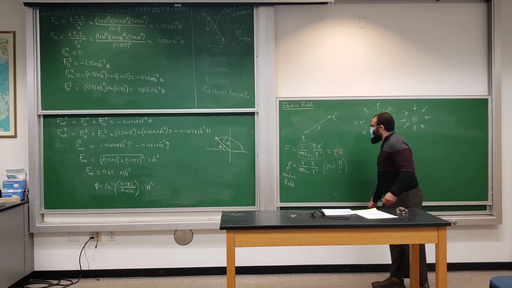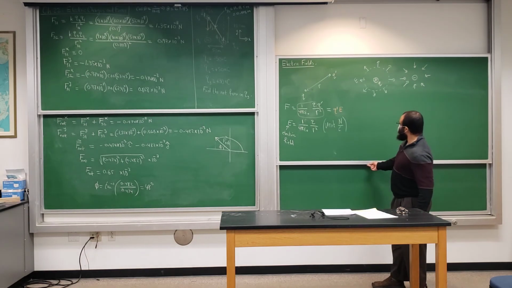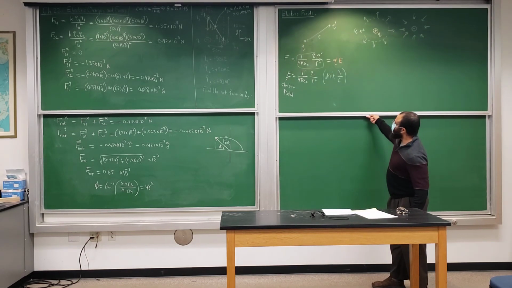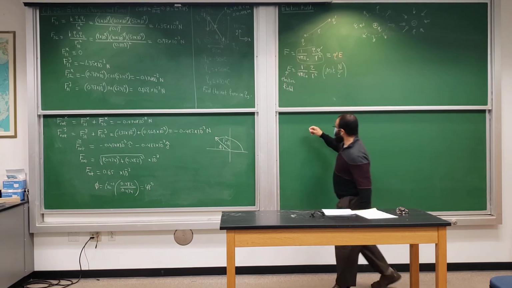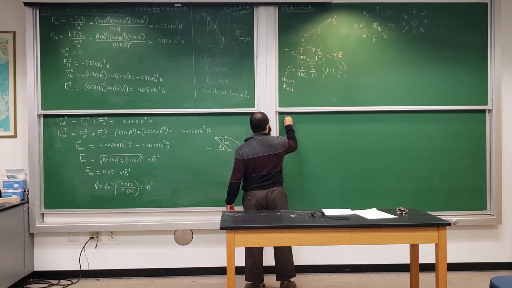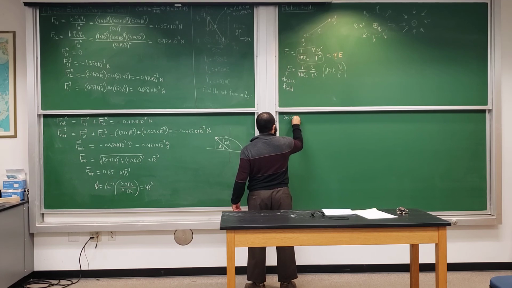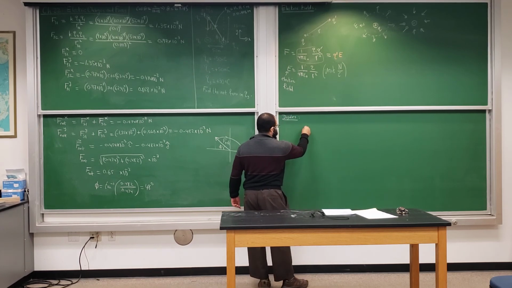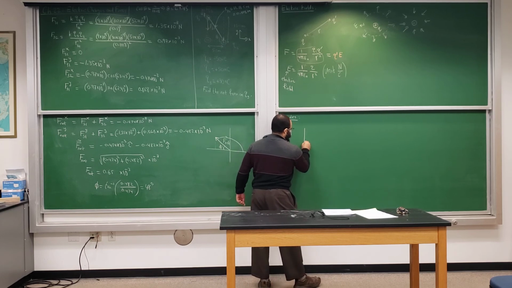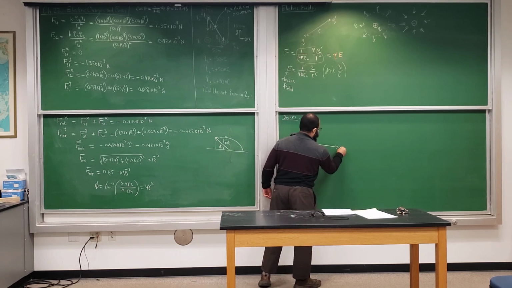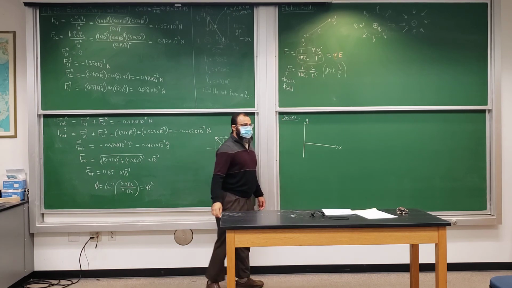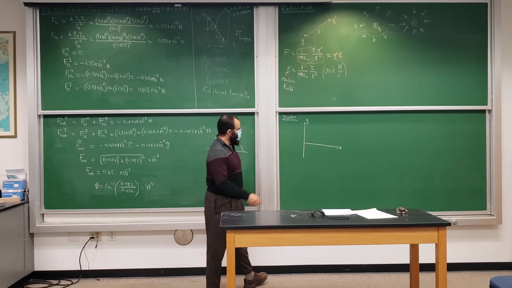Okay, so here is our first calculation with electric fields. So here is a dipole. Let's place it on the XY plane. Here is X, and here is Y, okay? And I'm going to put my dipole here.